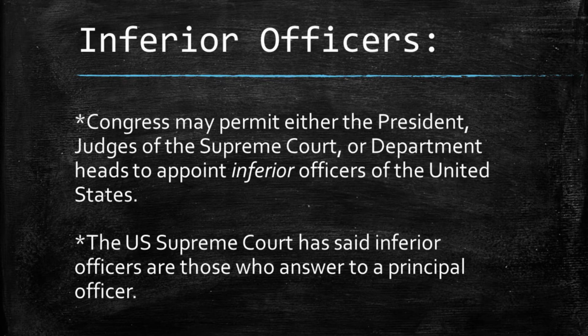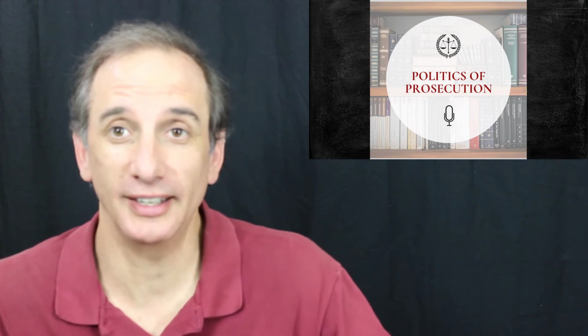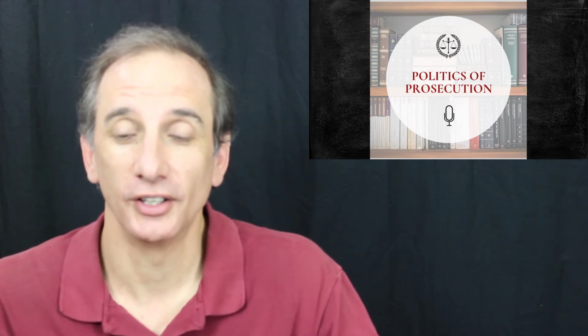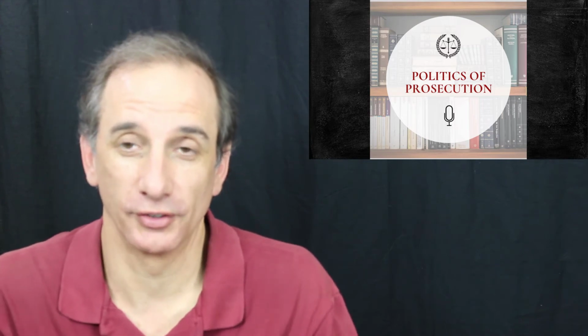Now, there are some exceptions to this. Congress may allow the president, judges of the Supreme Court, or department heads to appoint inferior officers of the United States. And so now we've drawn this distinction between sort of the key or high-ranking officials of the United States and inferior officers of the United States.